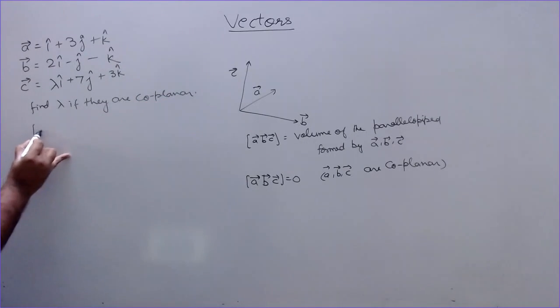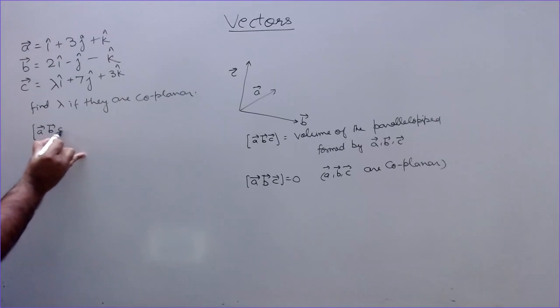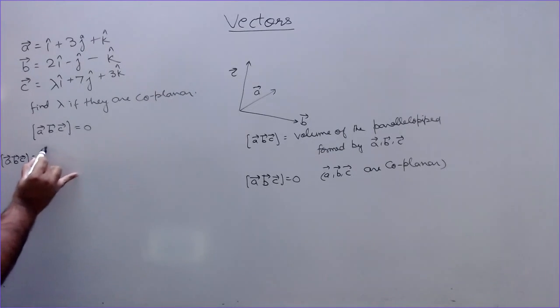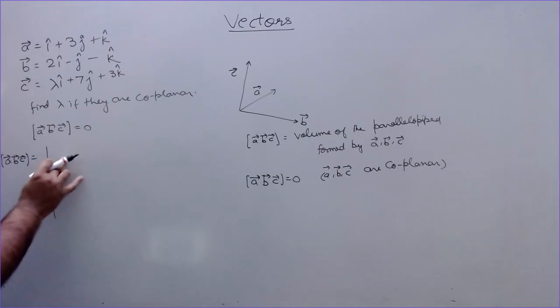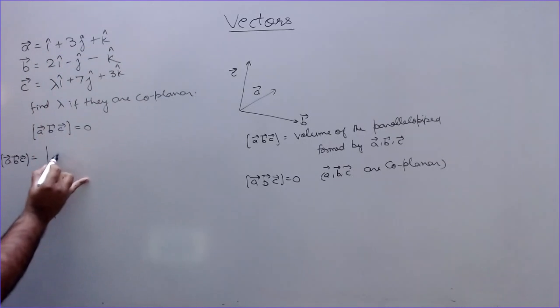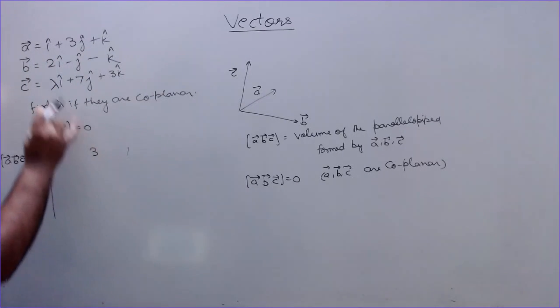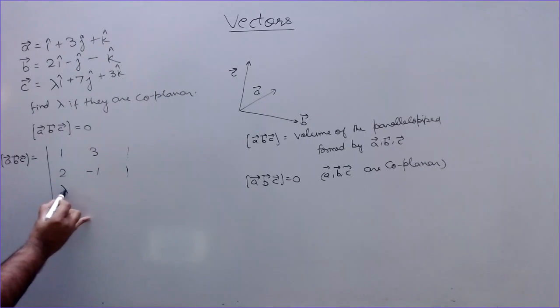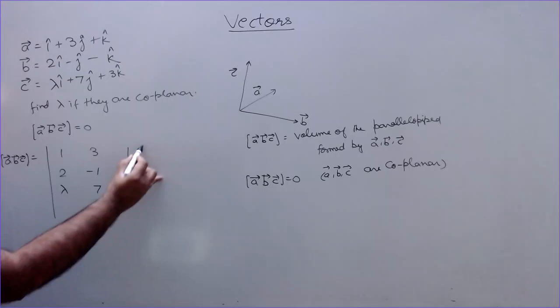So for coplanarity, they can be written like this or separated by commas as I have shown here. So the scalar triple product is equal to, first find the coefficients of unit vectors of A: i, 3j, k, 1, 3, 1; 2, minus 1, 1; and third is lambda, 7 and 3, equal to 0.